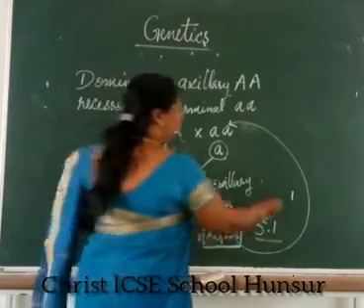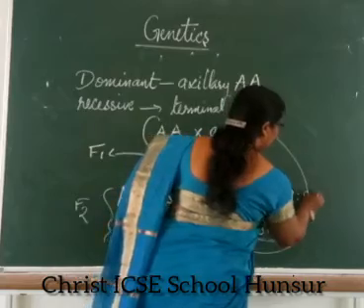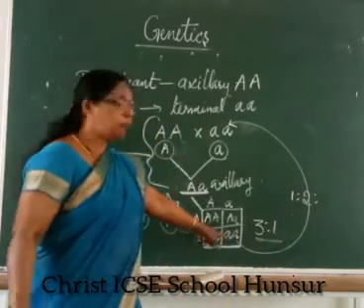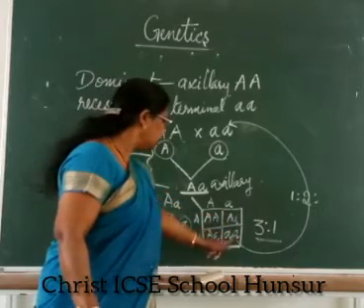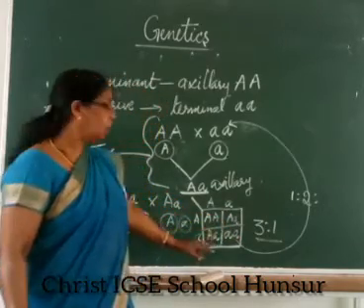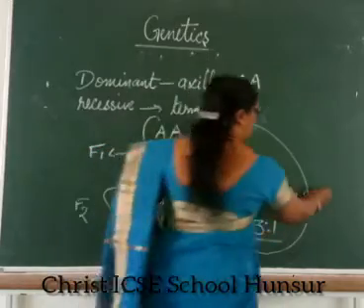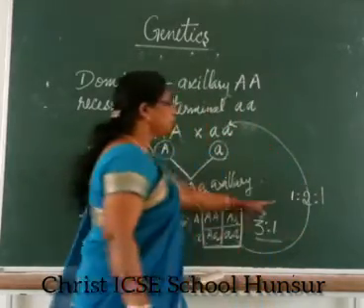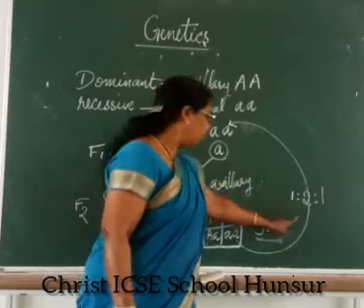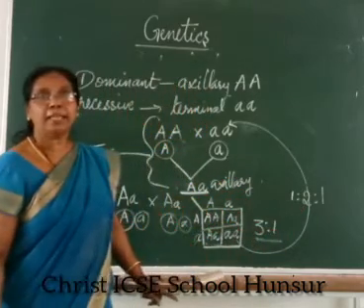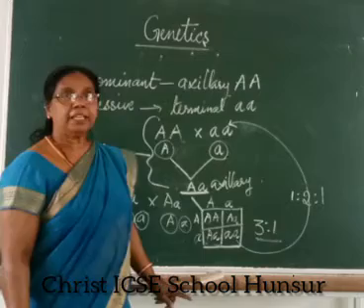No. So 2. Then small a, only 1. There is no other small a in the checkerboard. So 1:2:1 is the genotypic ratio, whereas 3:1 is the phenotypic ratio.